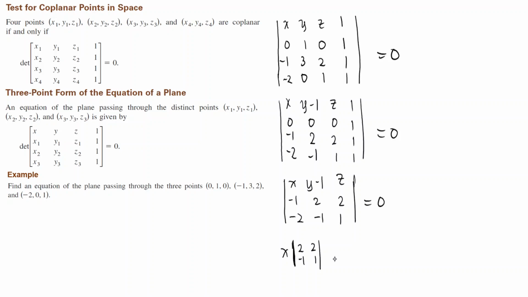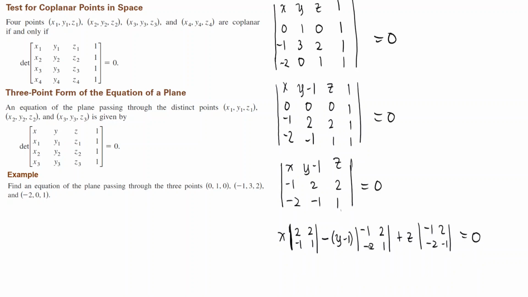Next, this position is negative, we have y minus 1 times, we delete this row and column, so -1, -2, 1. Then plus, we have z, this is positive, so we remove this. We have -1, 2, -2, -1. It's equal to 0.